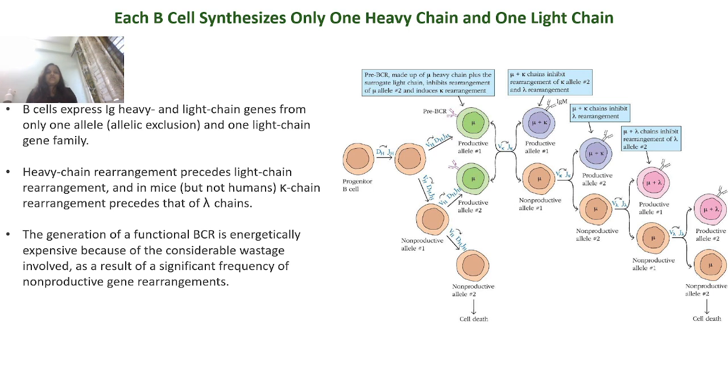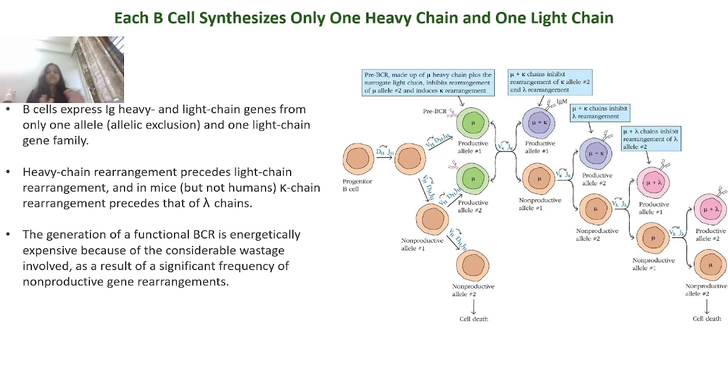We know that each chromosome has two alleles. So if there are two alleles, it will produce a similar type of antibody if it is producing from both alleles. So to bypass that, each B cell synthesizes only one heavy chain and one light chain.